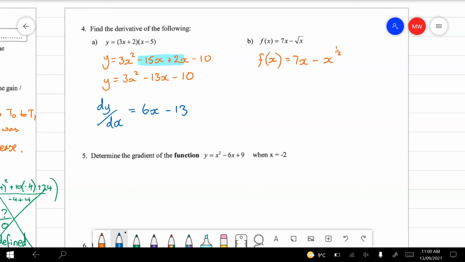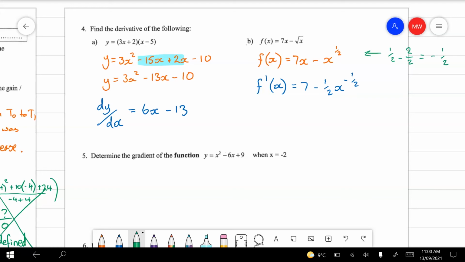So let's jump into f dash x. That's going to give us 7 minus a half x to the minus 1/2. And I'm getting that from, remember, a half minus 1, or a half minus 2 halves, is going to be minus a half.